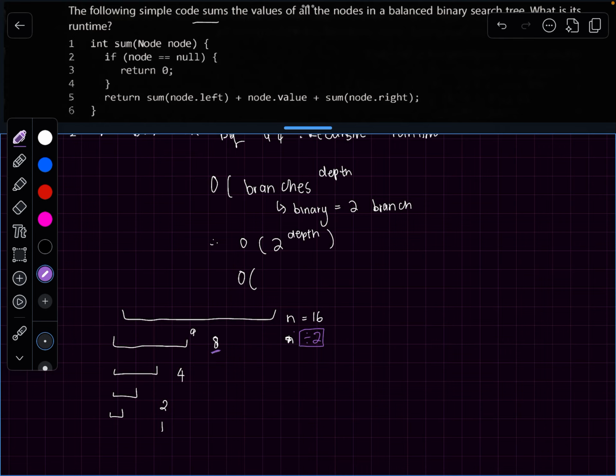And then 8 to 4, I'm dividing it by 2. And then this again, we're dividing it by 2, or half. And then this and this, divide by 2.